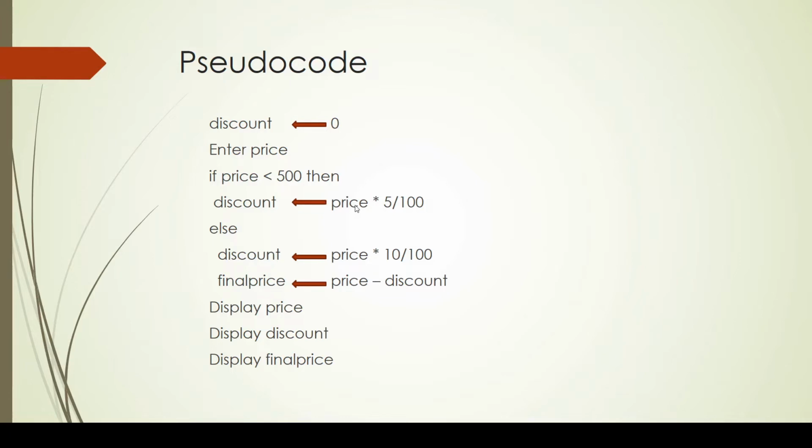Alternatively, you could multiply price by 0.05. If the condition in your if statement evaluates to false, it will then go into your else statement, and it will calculate discount at 10%. Again, here you could multiply by 0.10.